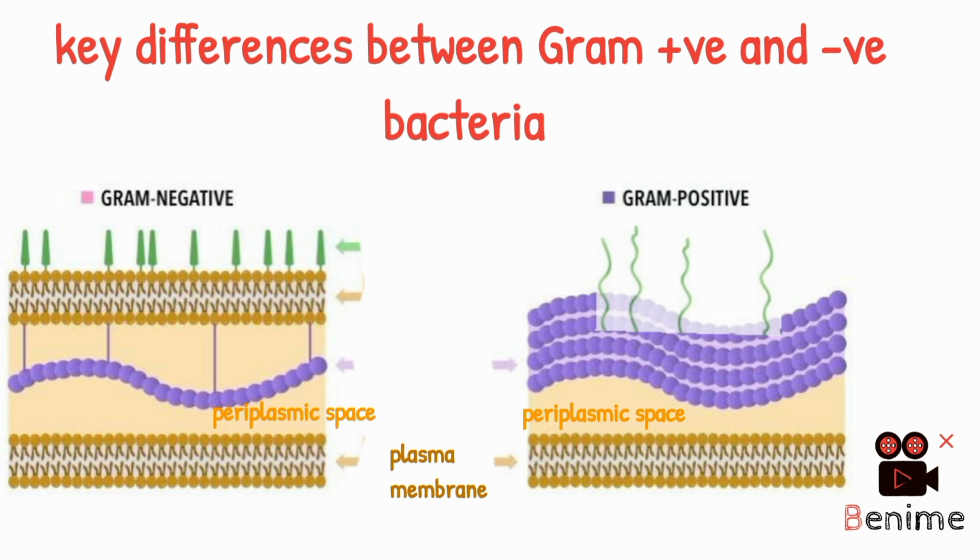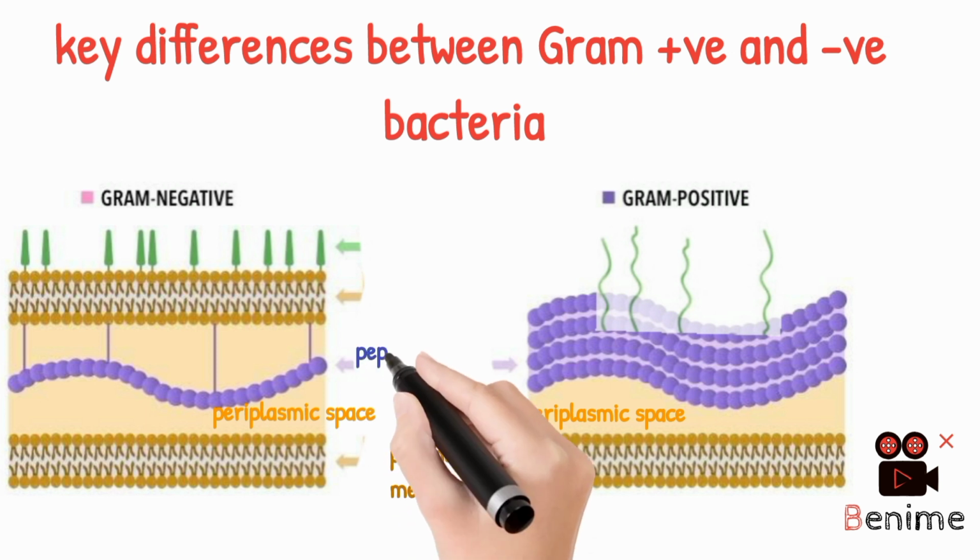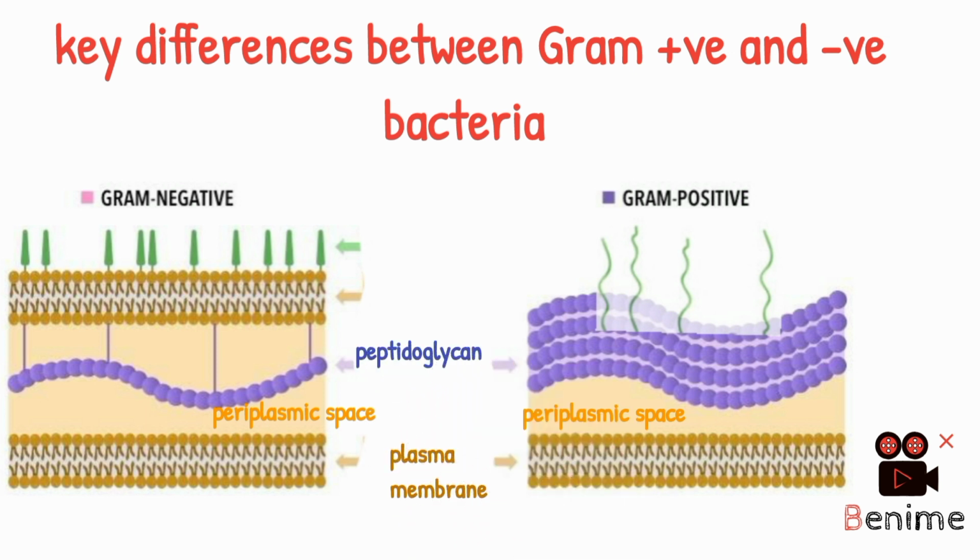But remember, in gram negative bacteria, periplasmic space may contain some enzymes known as beta lactamases, which may degrade the antibiotic, for example penicillin. Then we have peptidoglycan layer, which in gram negative bacteria is thin, whereas peptidoglycan, which makes up the cell wall of bacteria, is thicker in gram positive bacteria.